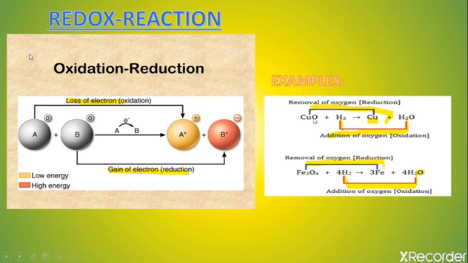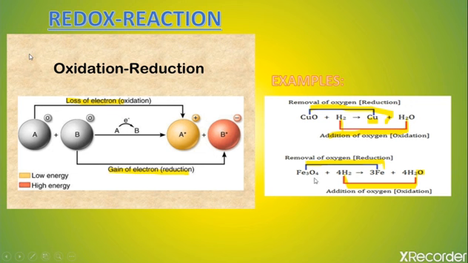Here you can observe that CuO, copper oxide, is reduced, then H2, that is hydrogen, is oxidized. CuO is acting as an oxidizing agent and H2 is acting as a reducing agent.